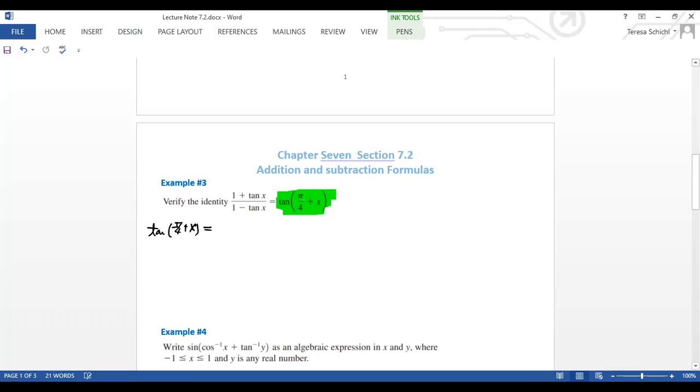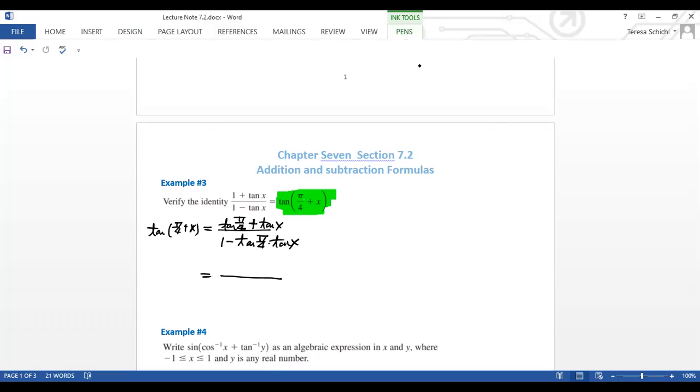What does the formula tell us? It will be tangent pi over 4 plus tangent x, and because here's a plus, the bottom is minus: 1 minus tangent pi over 4 times tangent x.